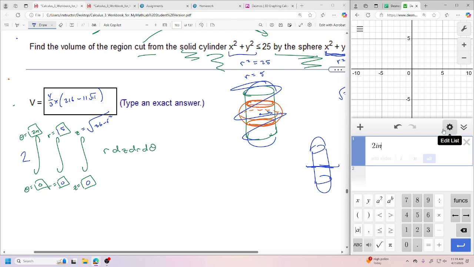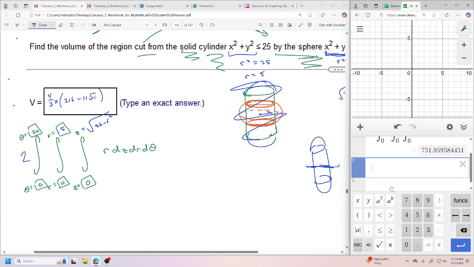Okay, so 2 times the integral 0 to 2 pi, integral 0 to 5, 0 to the square root of 36 minus r squared, r dz dr d theta. And then I'm going to compare with what they got. So 4/3 pi 216 minus 11 square root 11. Did we get the same answer? Yes.